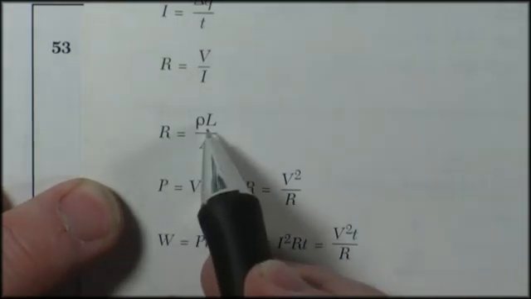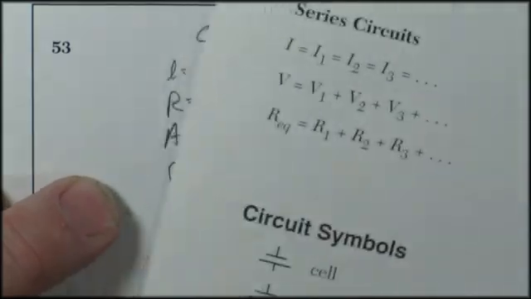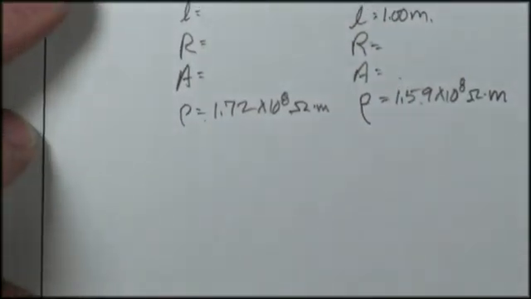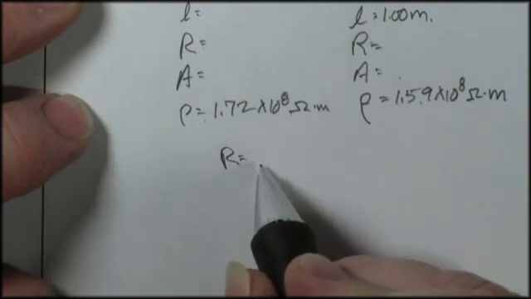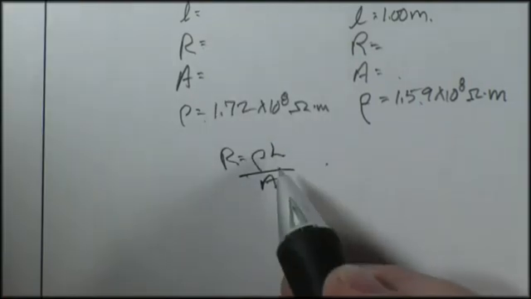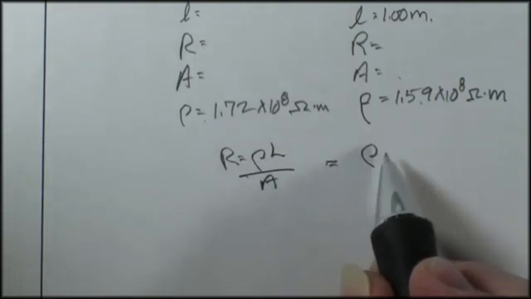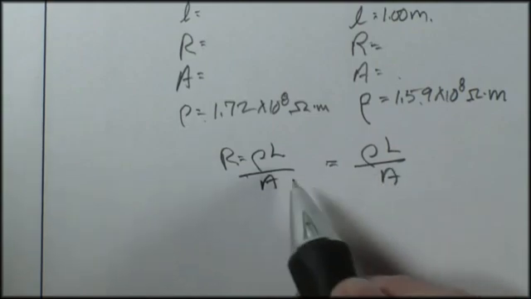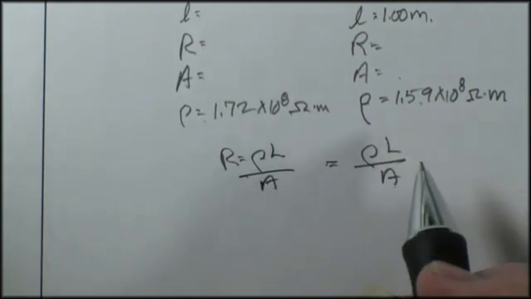The resistance is equal to rho L over A. Now the resistance is the same for both of them, so apparently rho L over A for copper is equal to rho L over A for silver.